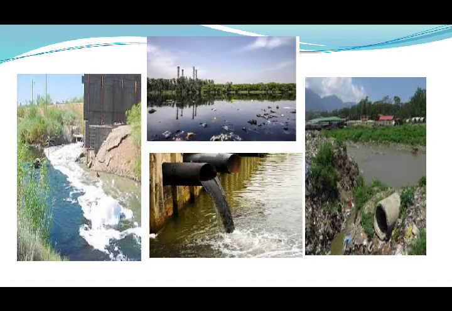Here you can see certain pictures which reflect how the water gets contaminated. We cannot consume such water. For drinking purposes as well as for the various household activities, we need fresh, clean water. Otherwise, this water pollution may result in various diseases.